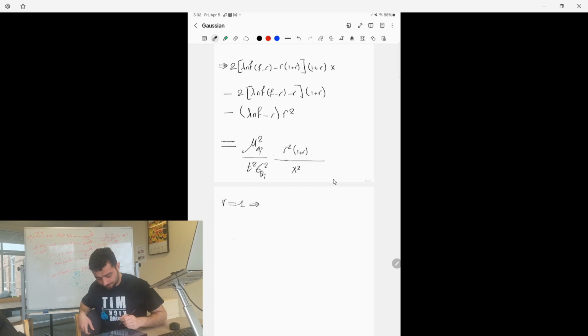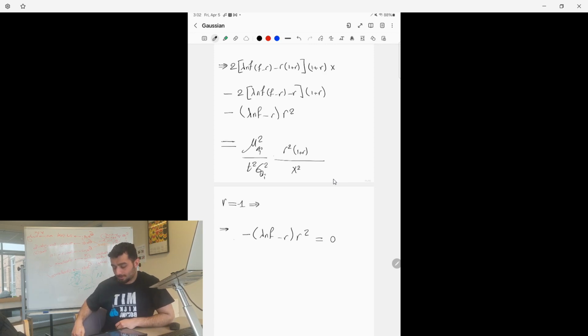Let's assume what's happening here then. Then we will have 0, 0. So it is minus lambda nf minus r squared equals 0, which is not true.